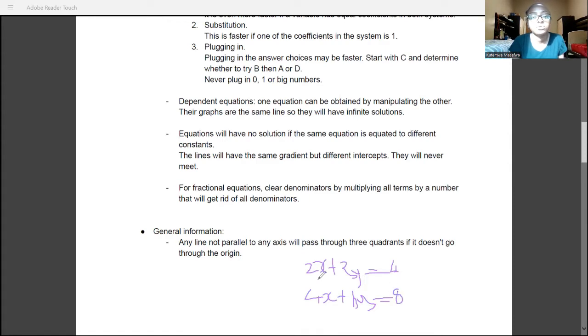Now let's compare these two equations, okay? You have 2x plus 3y is equal to 4, 4x plus by is equal to 8. And you've been asked what value should b have if this system is to have infinite solutions.